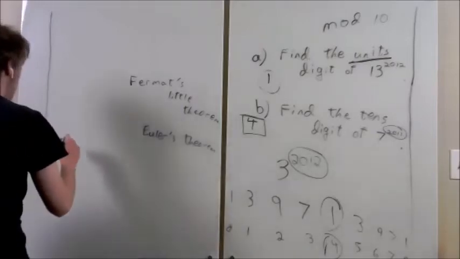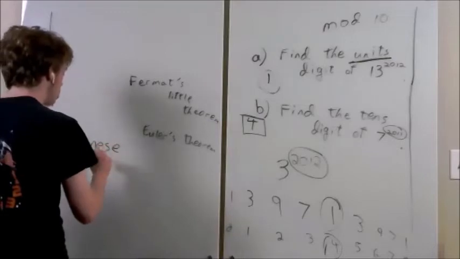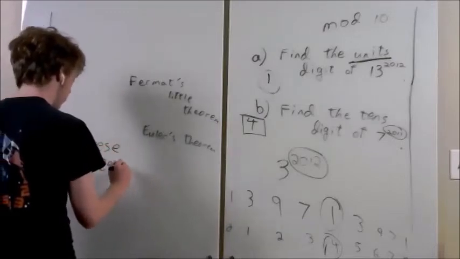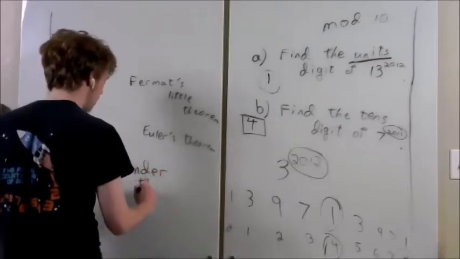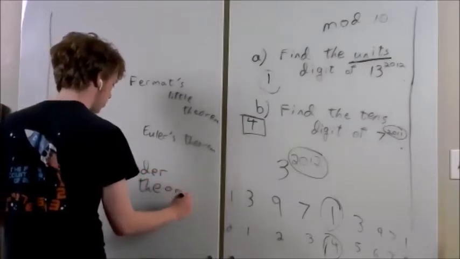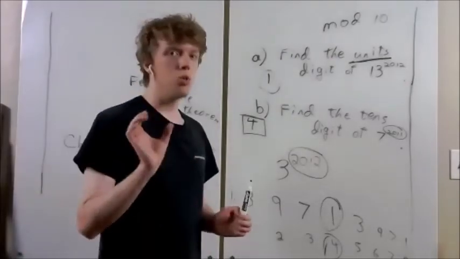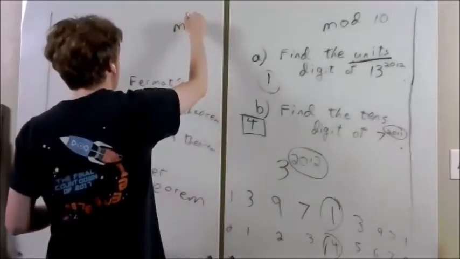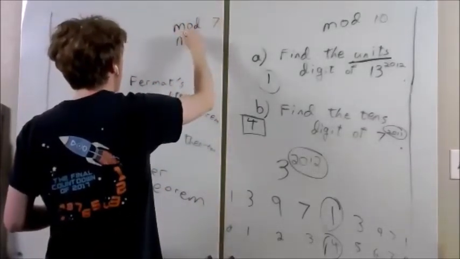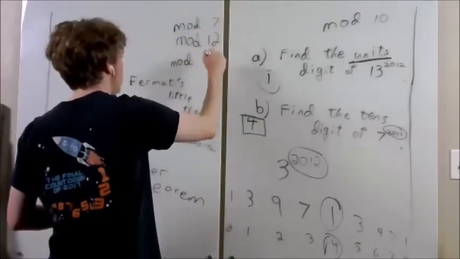I'll just tell you, I don't have much time for this either, but there's another important theorem called the Chinese remainder theorem. What this basically tells you is that if you have different moduli, say I was looking mod 7, but someone else is looking mod 12, and yet another person is looking mod 11, say.